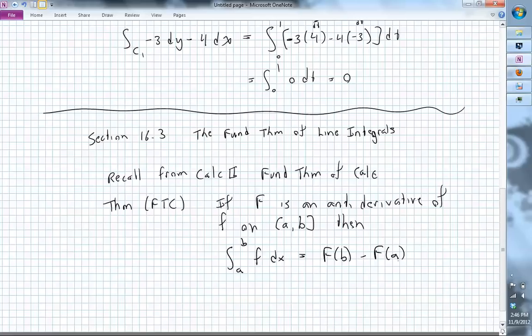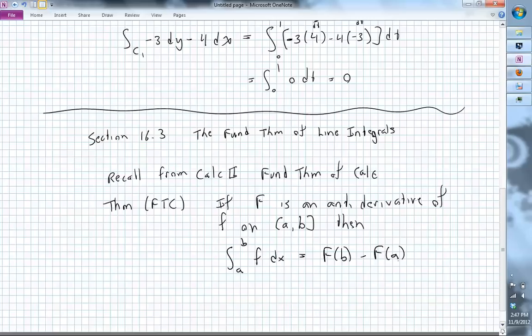And in fact, while you may not realize it, this is essentially the heart of almost everything you did in Calculus 2, which is why it's called the fundamental theorem of calculus. Okay, what do I mean by that? Well, what this theorem provides you is a method for computing an integral. And you all have internalized that method so deeply that you probably don't even think about it anymore. But when you're faced with this guy, there's a two-step process. One is to find this guy, and two is to plug in those values and subtract, right?